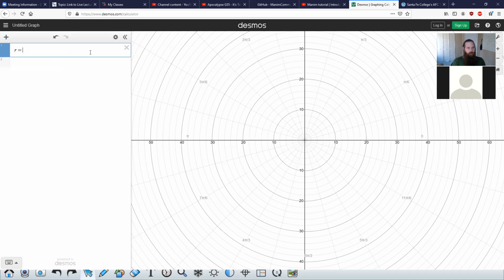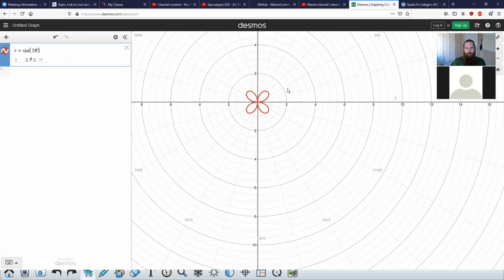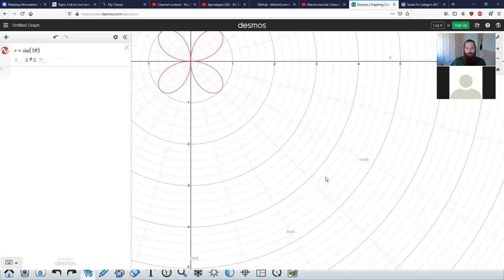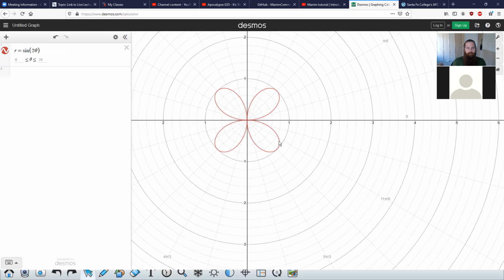So let's just look at a few simple examples. Here's the one we just did. Oh, and I'm zoomed way out. Let me zoom back in. All right. So what happens if I change this number inside here from a 2 to a 3? Oh, we'll have 3 petals.